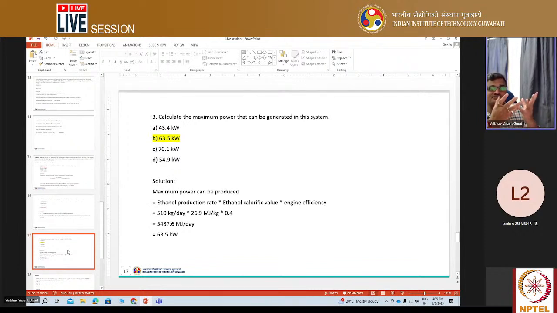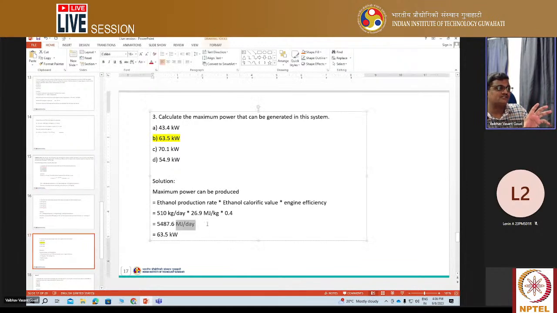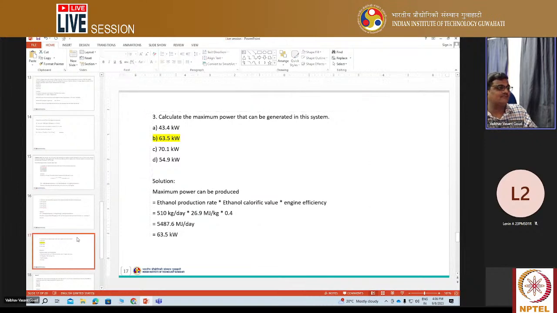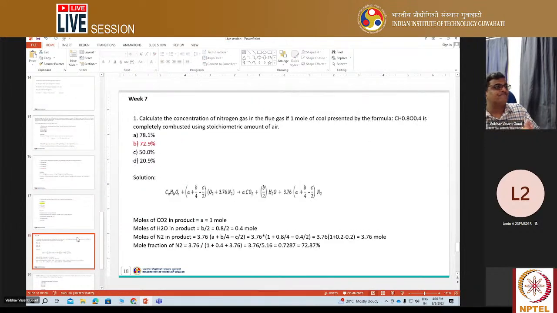So once we know these terms, we just simply multiply these terms, and we get the value in the form of 63.5 kilowatt, because here we need to do a small unit conversion, because the answer may come out in the form of first megajoule per day, and then with the help of unit conversion, you can simply convert it into a kilowatt. That is kilojoule per second. So joule per second is a watt, kilojoule per second is a kilowatt. So accordingly, you can just simply convert the unit and get the final answer, which is 63.5.